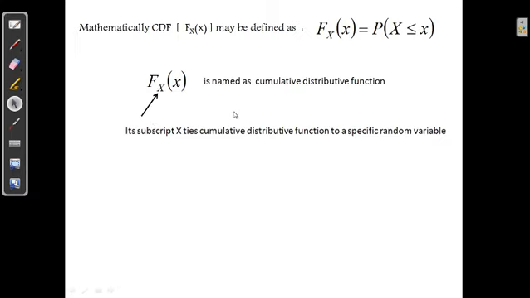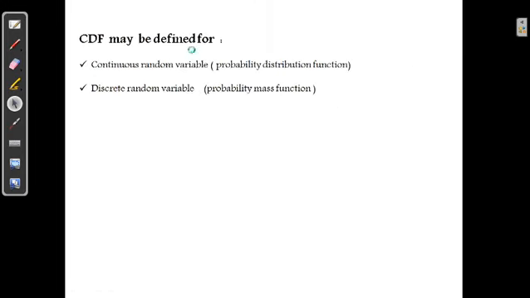So, you have understood this much, right? PDF, CDF, PMF. So PMF is for discrete, PDF is for continuous. For both PMF and PDF we will be deriving what? CDF, cumulative distribution function.